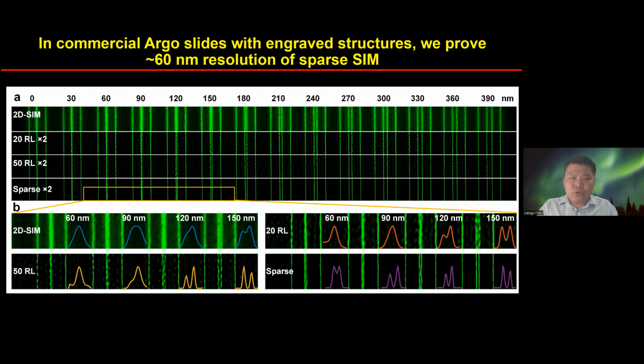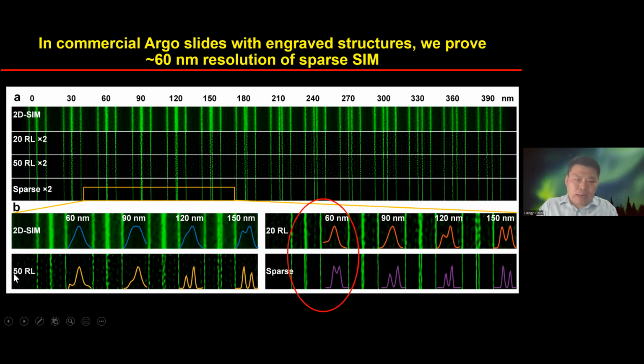We can use commercial Argo slides, which have this kind of structure, a pair of lines 60, 80, 120 nanometers apart. If we just look at the raw data, you cannot see them. After we do RL deconvolution, you won't see the separate 90 or 60 nanometer paired lines.